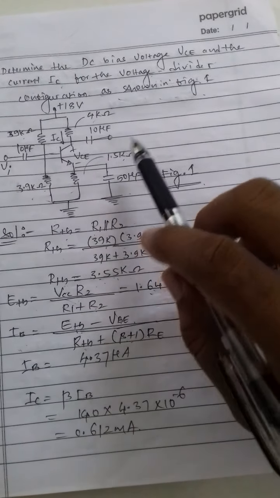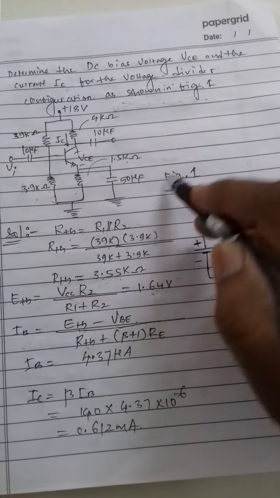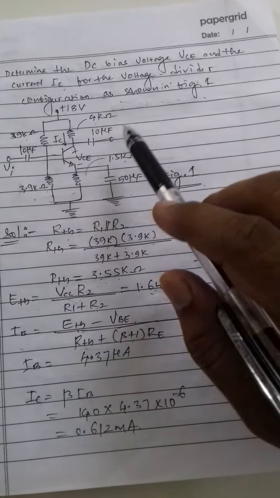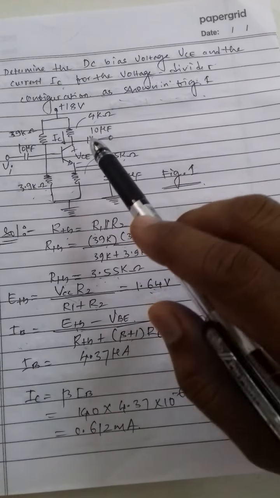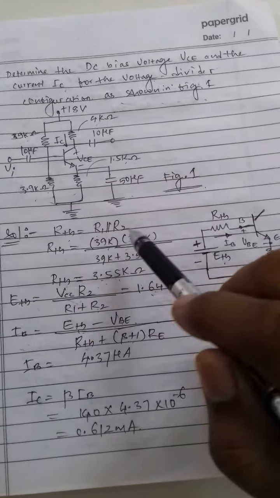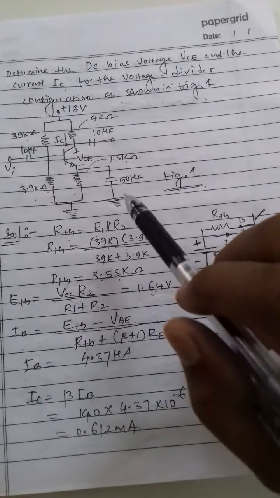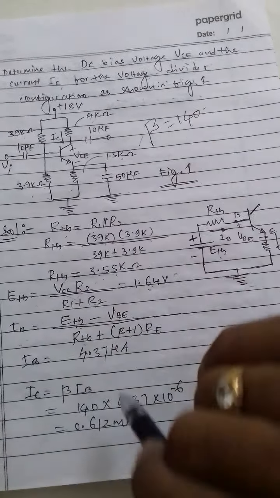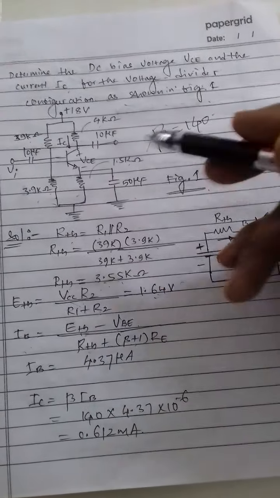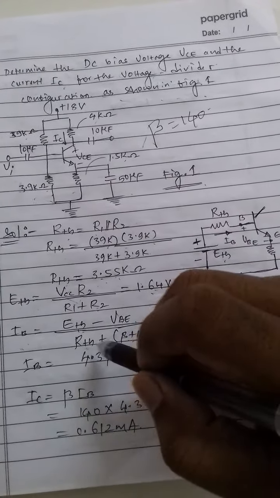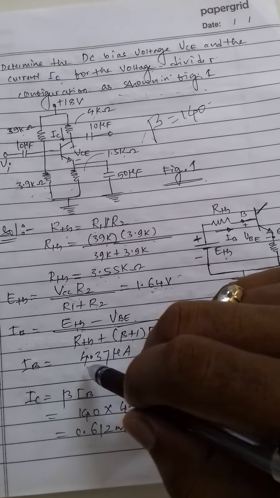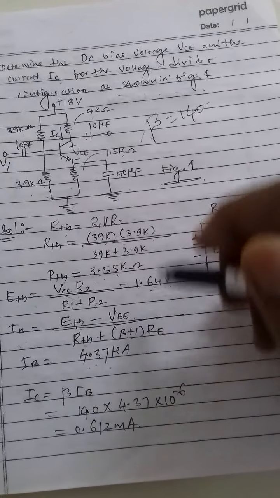The beta of the transistor is given as 140. So from beta plus 1 into RE, you will get the base current IB equal to 4.37 microamperes.